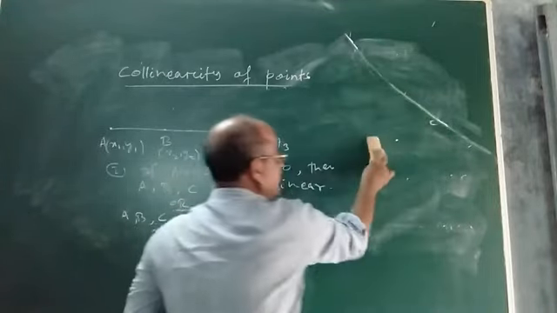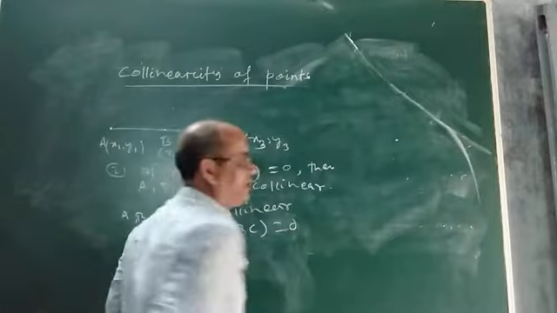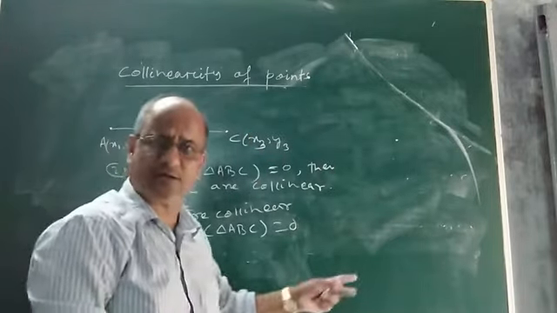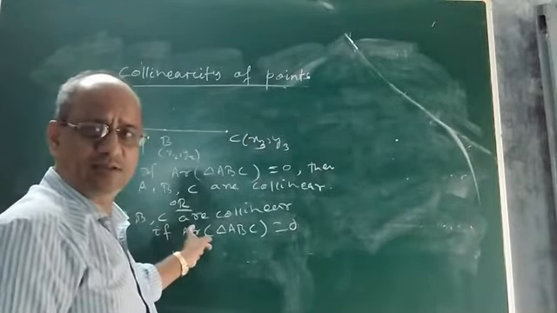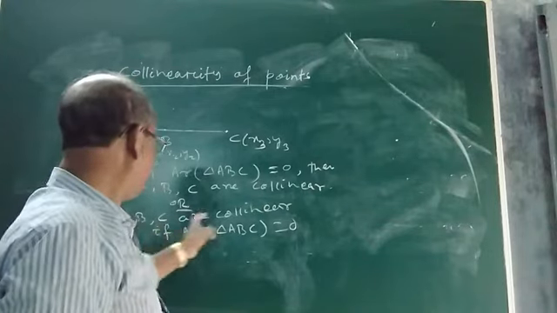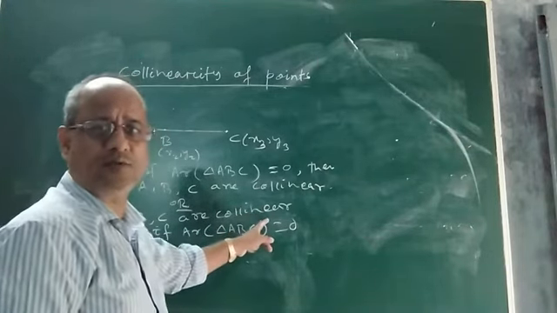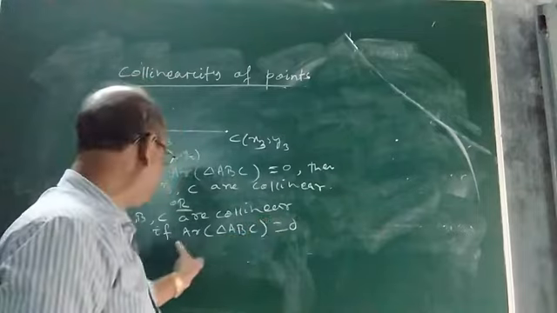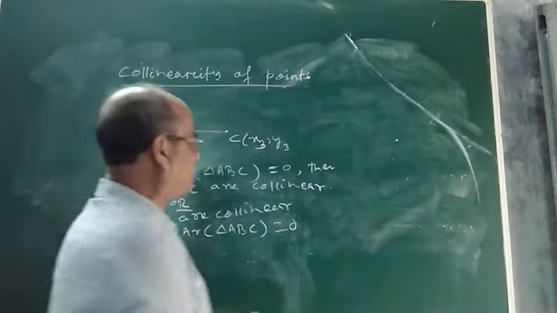We discussed in the last class the formula for area of a triangle using coordinate geometry. So 3 points A, B, C will be collinear under what condition? The condition is if area of triangle ABC is 0.